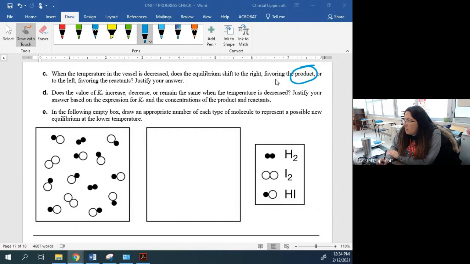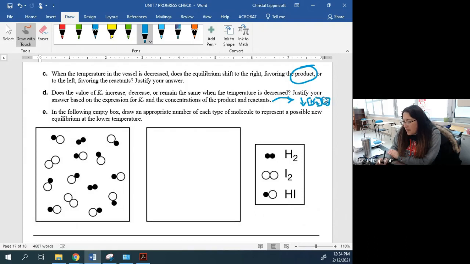All right. So we talked about this one. We're done with that. So D is, does the value of Kc increase, decrease, or remain the same when the temperature is decreased? And we have to justify our answer. Well, if we ended up shifting it this direction, that means that we're going to reduce the concentration of H2 and I2.